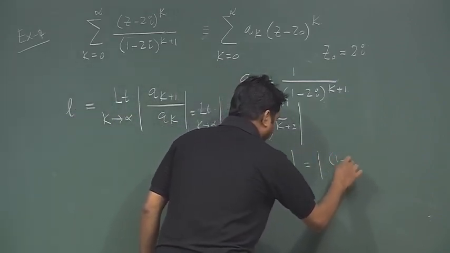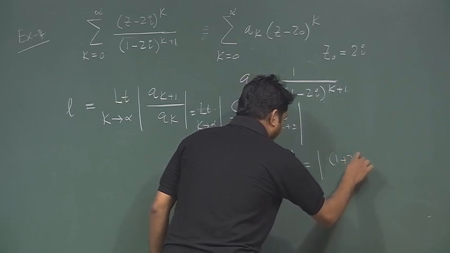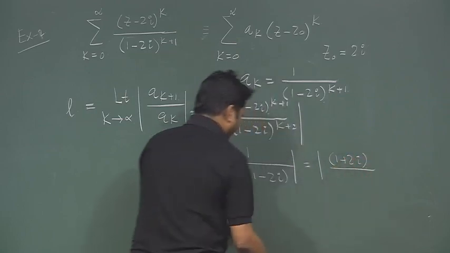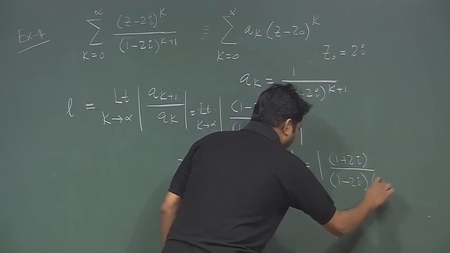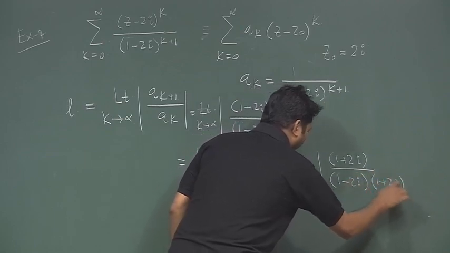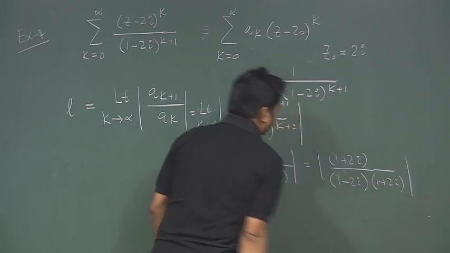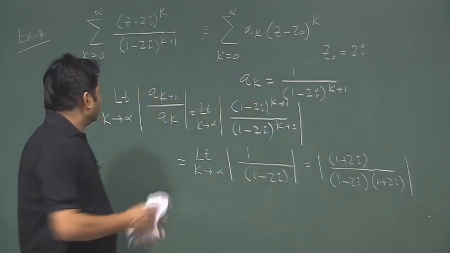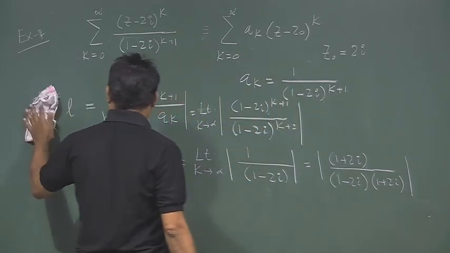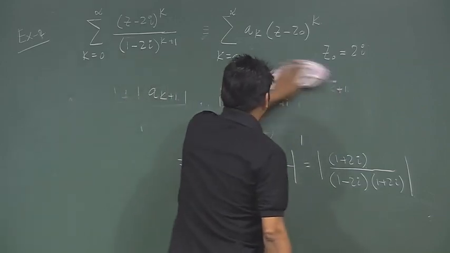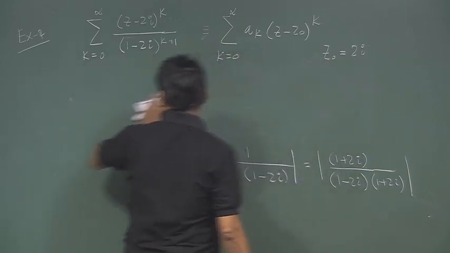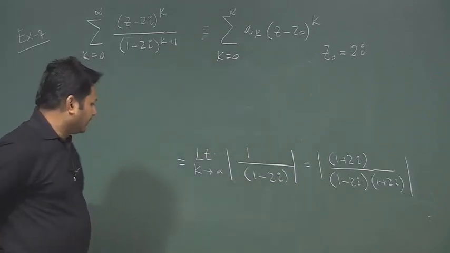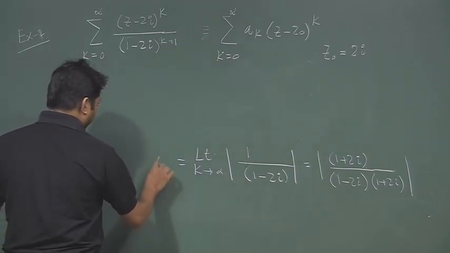So, 1 plus 2i divided by (1 minus 2i)(1 plus 2i), this quantity. So, that quantity we need to just find out, that will be our L. So, let me erase this part which we have completed. So, my L, this is L.